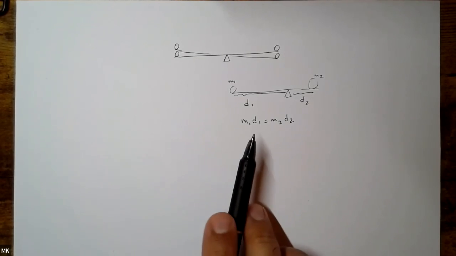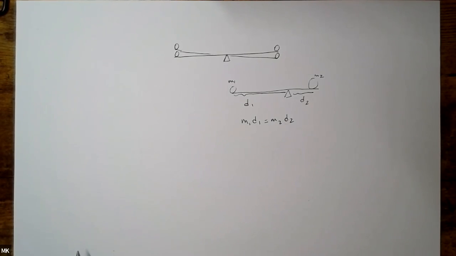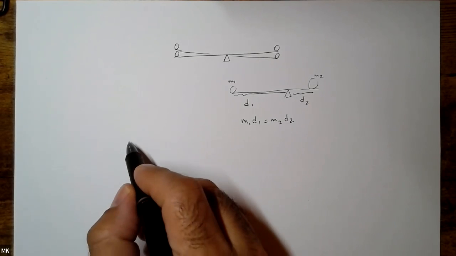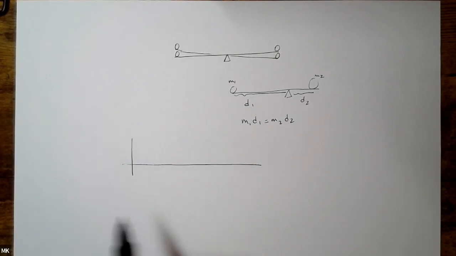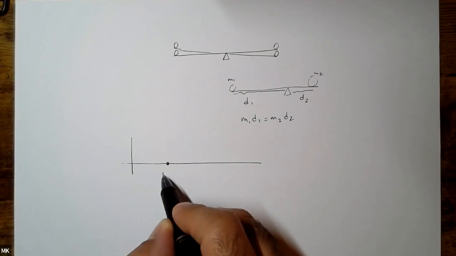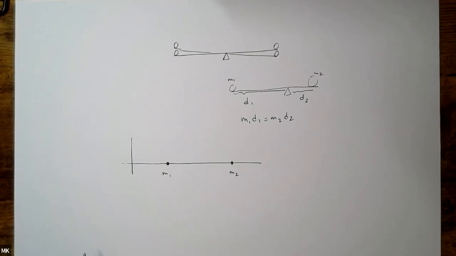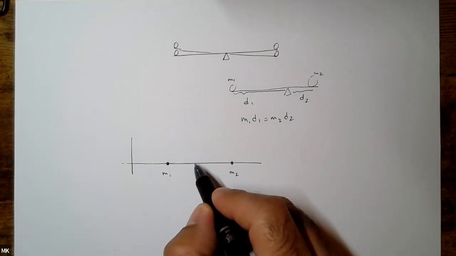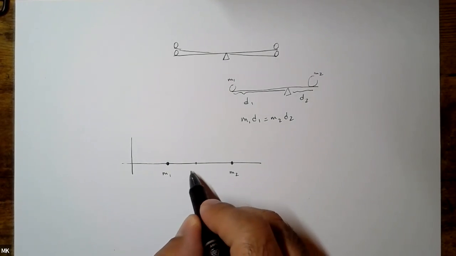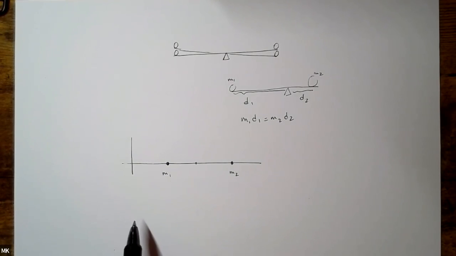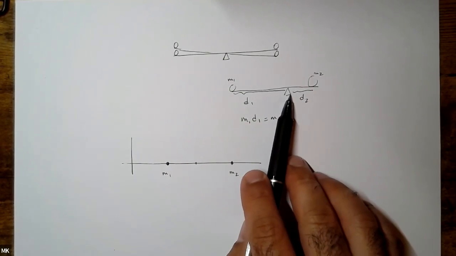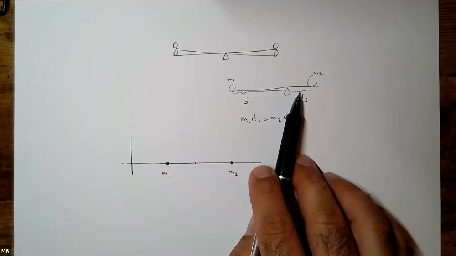Now the question here is, how can I use this in finding center of mass? So let's make things a little bit more formal. Suppose I have two masses, say m1 and m2, that are not equal. And I want to find somewhere in between where I will have a stable system, or equilibrium.